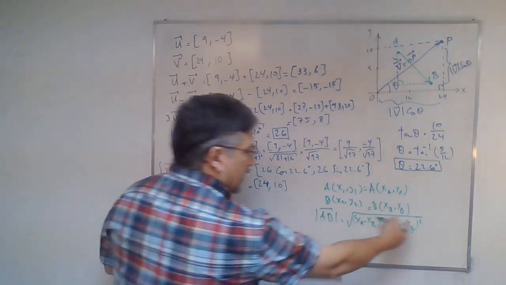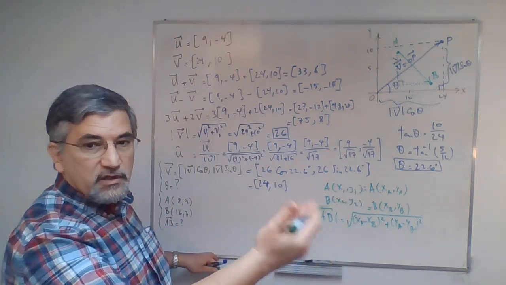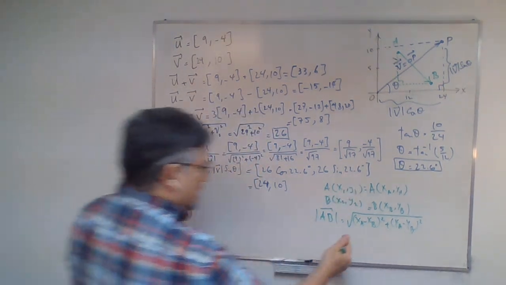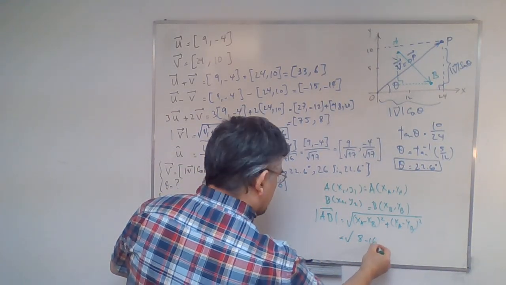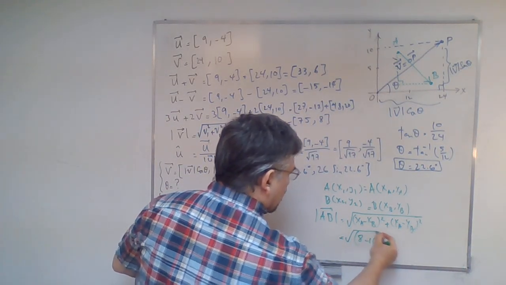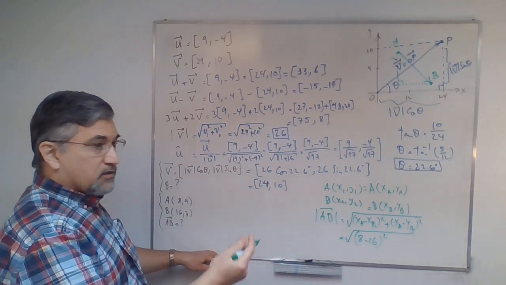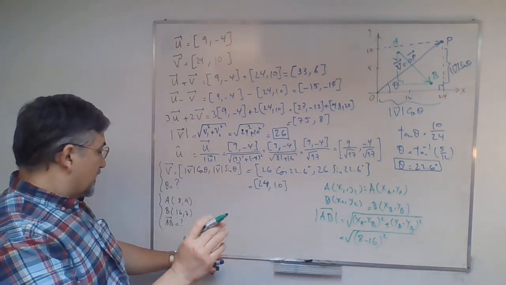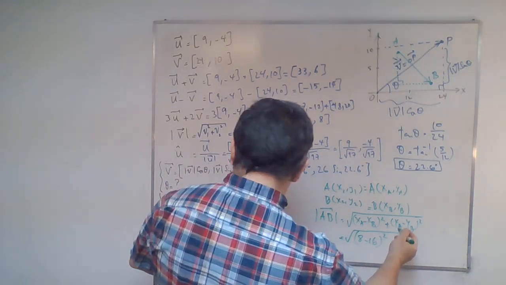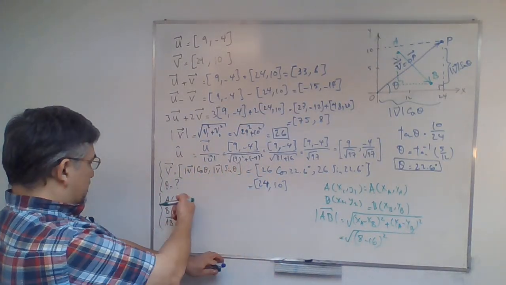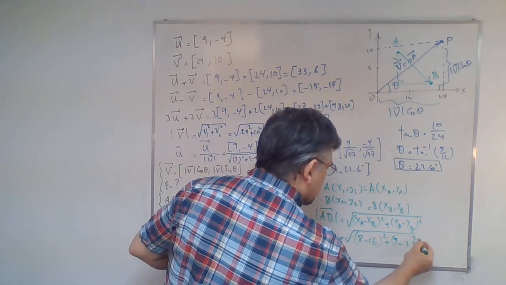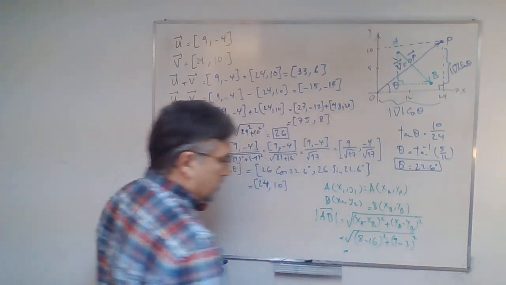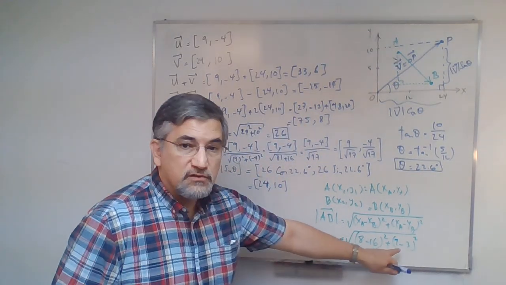Or we can write this formula in terms of x1, y1, x2, y2. Now the numbers here are 8 minus 16, that is the so-called run squared, the change in the x values, plus 9 minus 3, y of a minus y of b, all squared, that's the rise squared.